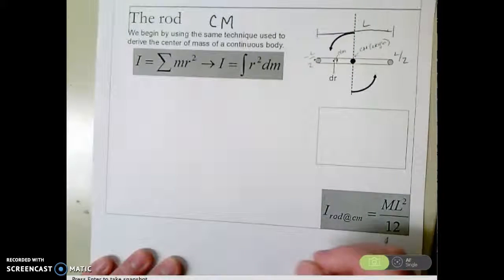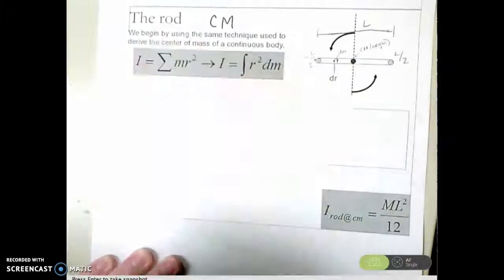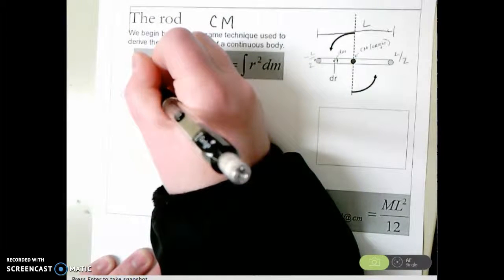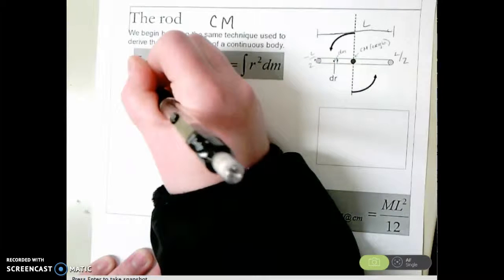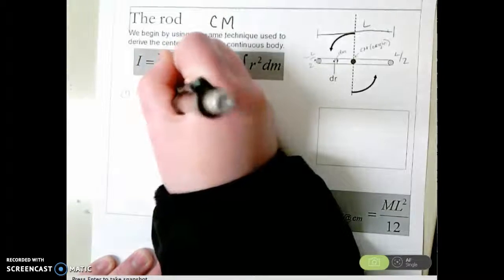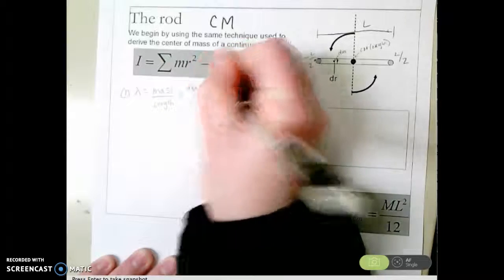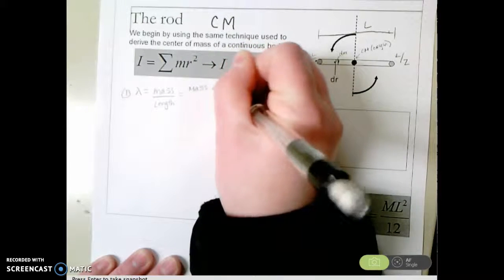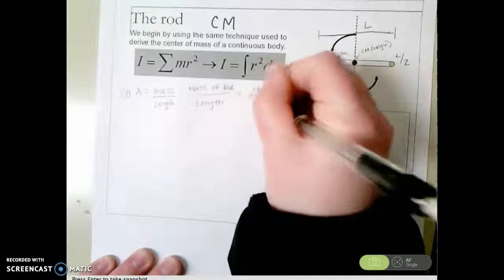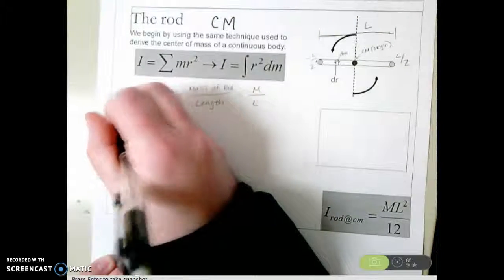The first thing we're going to do is look at something we'll call lambda, and lambda has to do with this ratio. Sorry about the bell. It's going to be our mass over our length for a system, so that will equal the mass of the rod over its length. We can call that m over L, total mass over total length. The next thing we're going to do is set up our integral.